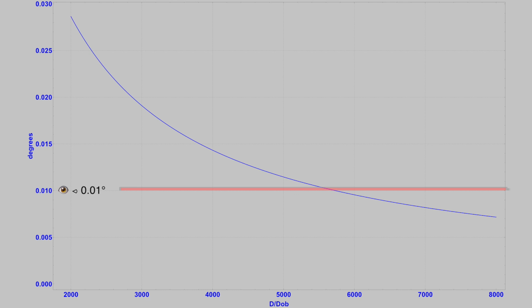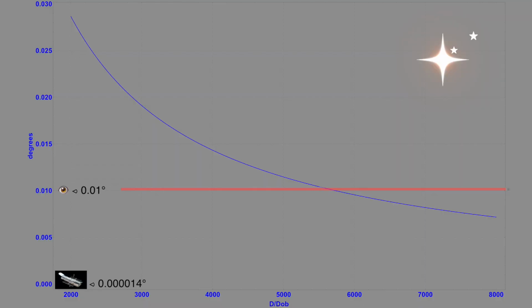For comparison purposes, the Hubble telescope has an angular resolution of 0.000014 degree. For example, the polar star, Polaris, is a triple star system. The main star is Polaris Aa. It has two other stars orbiting nearby.